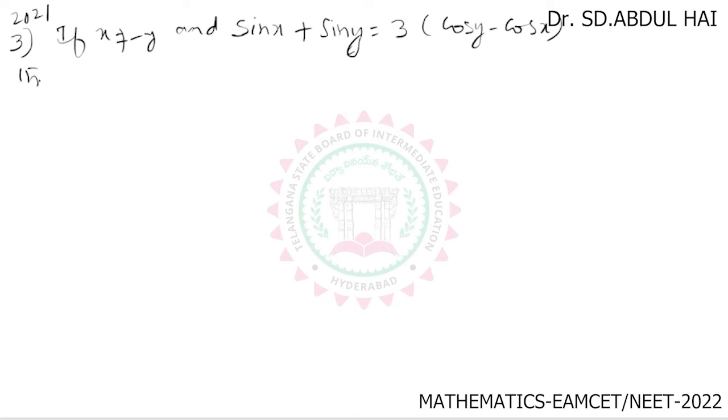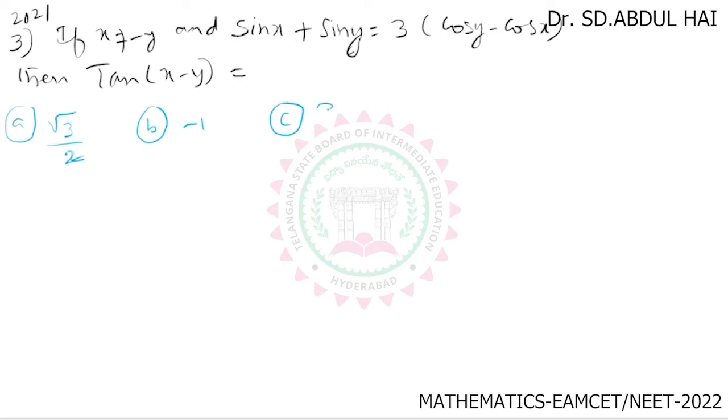Then he is asking the value of tan of x minus y is equal to, the options are, the first option is root 3 by 2, second option is minus 1, third option is 3 by 4, and the fourth option is plus 1.